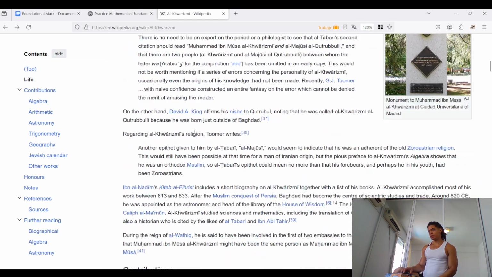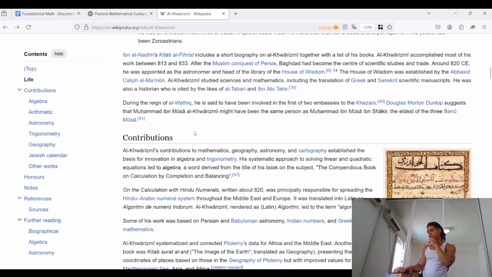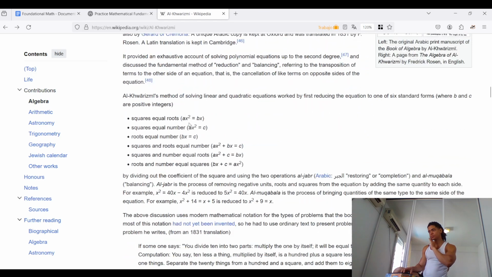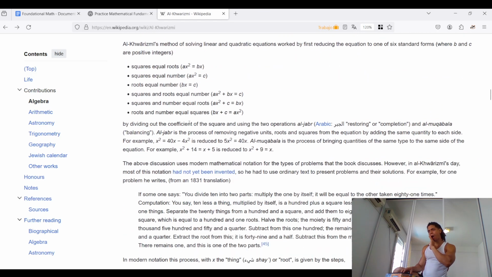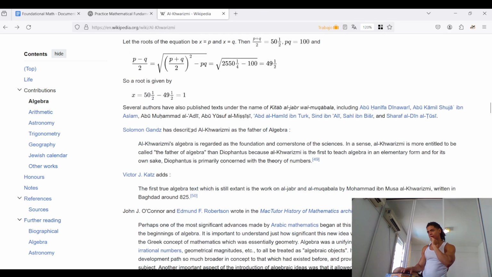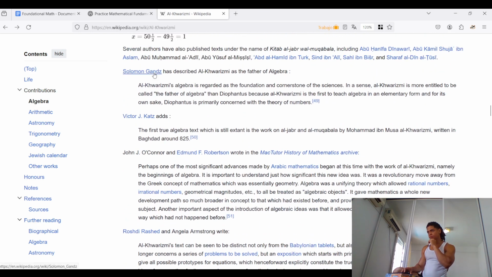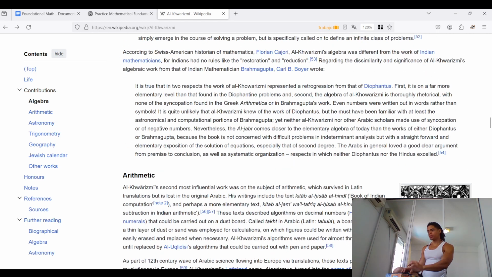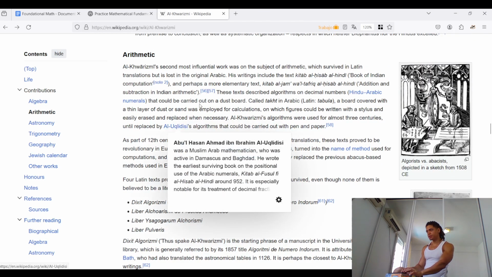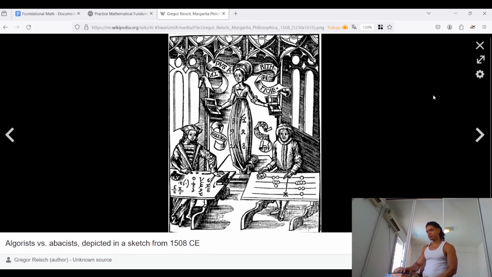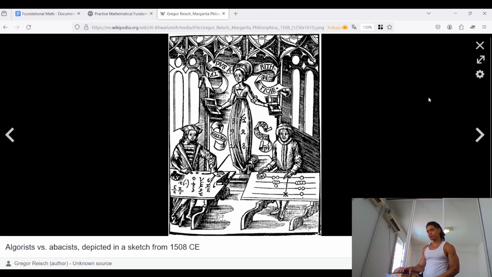So the whole point of this is algorist versus abacist, depicted in a sketch from 1508. Again, these are techniques. That's what happened. There is no one over the other.